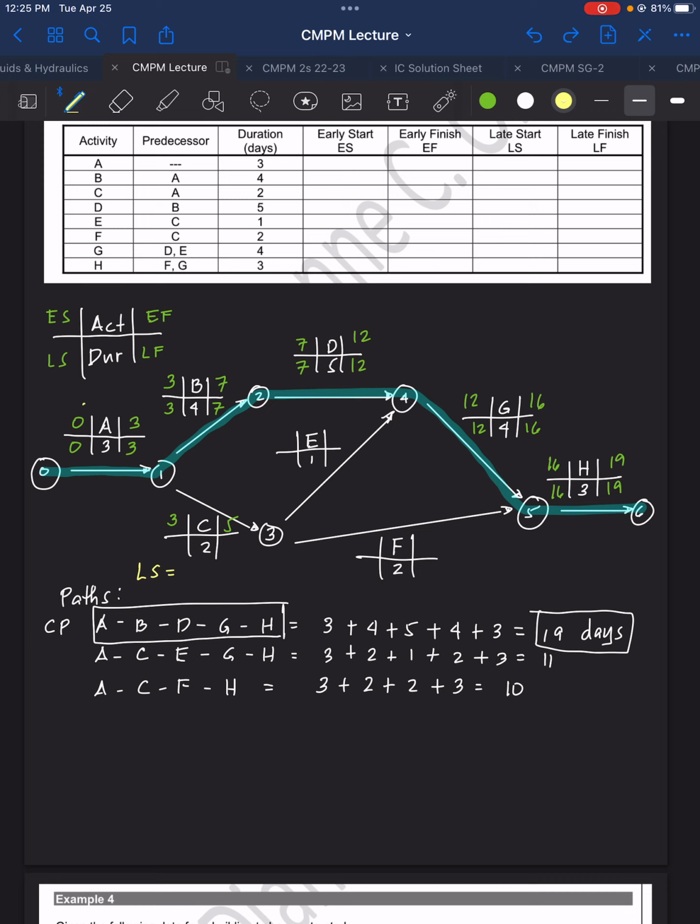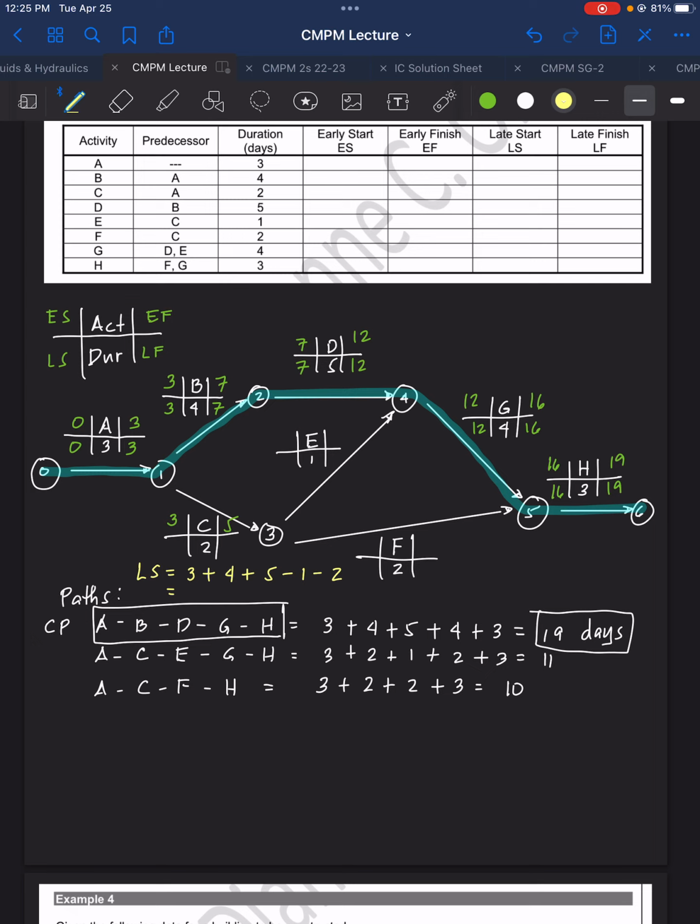So we'll put here, duration of A is 3, plus duration of B is 4, plus duration of D is 5, minus, so we're going to do backwards, minus the duration of E, which is 1, minus the duration of C, which is 2. So 3 plus 4 plus 5 minus 1 minus 2.